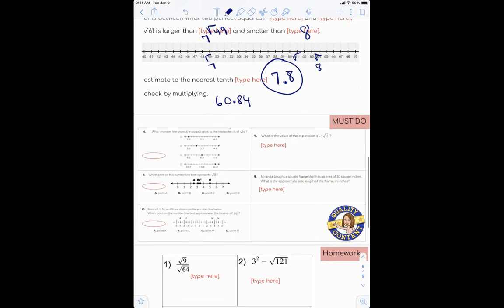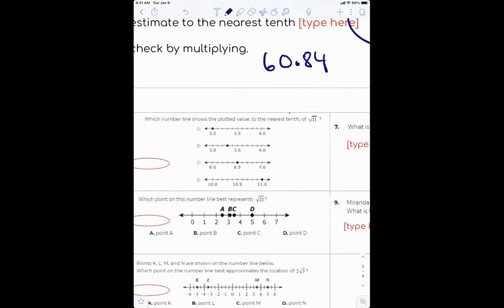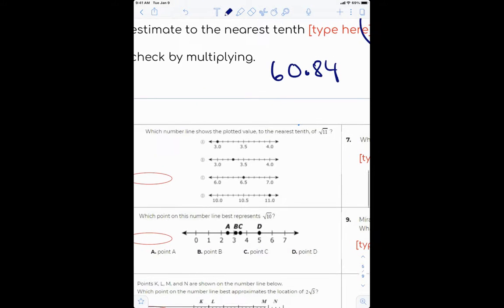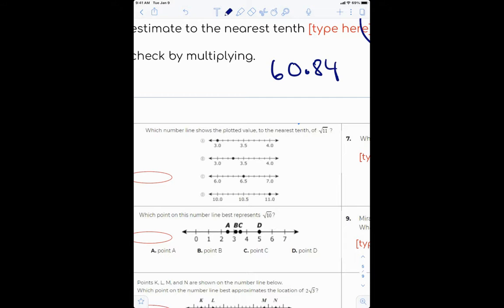Okay, so now we're going to look at some previous MCAS problems. The first one is problem number 1. It says, which number line shows the plotted value to the nearest tenth of the square root of 11? So I know the square root of 11 sits between the square root of 9 and the square root of 16, and it's closer to the square root of 9. So I know it's going to be closer to the number 3.